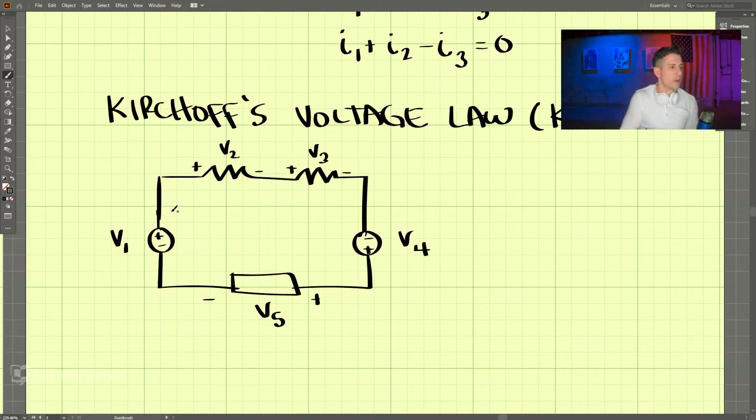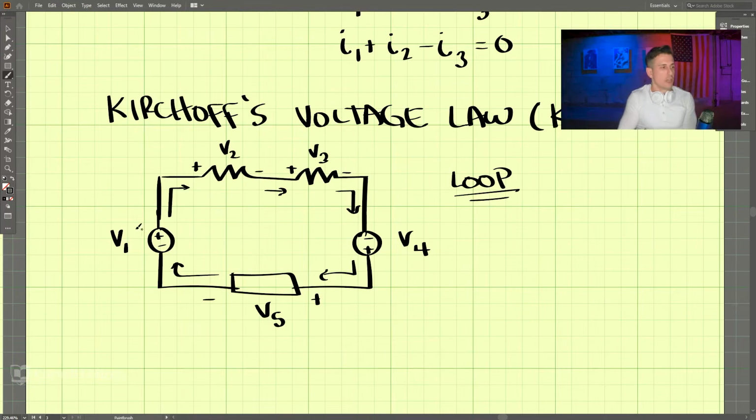Okay, so if we start here and we go all the way around this loop, we call this a loop. So that's a loop. And what we know is the voltage around the outside of this is equal to 0.